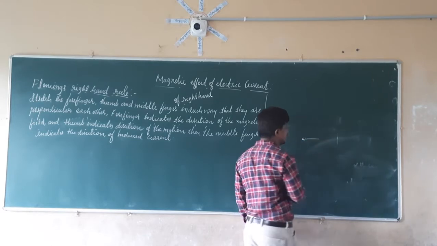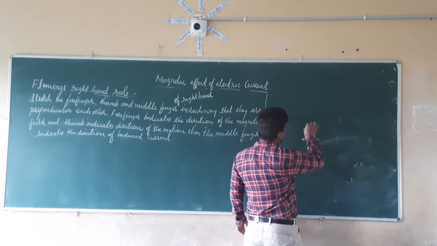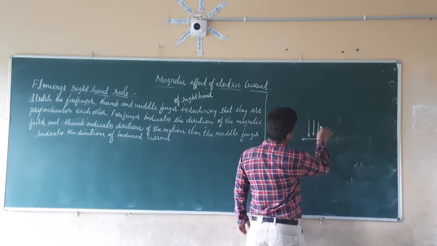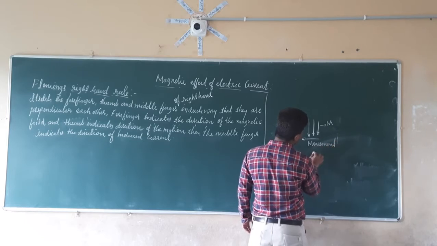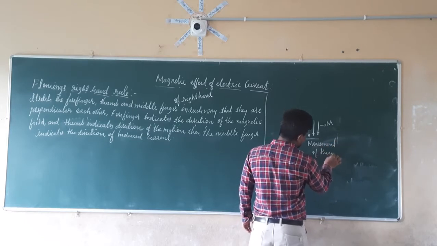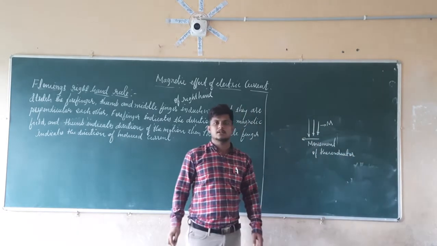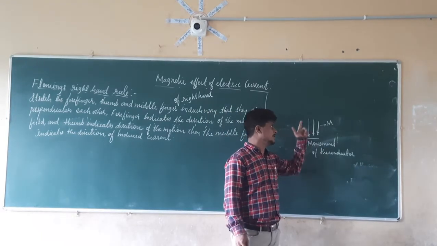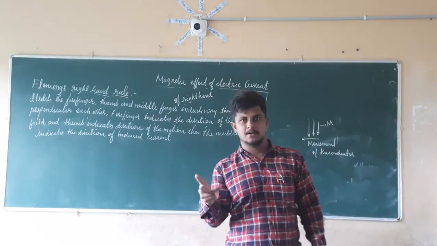It is the movement of the conductor, and the magnetic field direction is from top to bottom. So in which direction is the current going to be induced? Again we are going to use the Fleming's right hand rule.